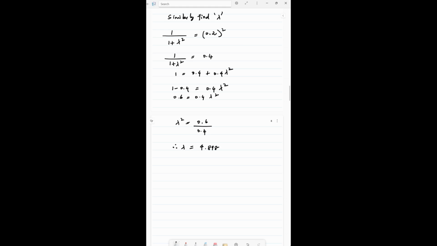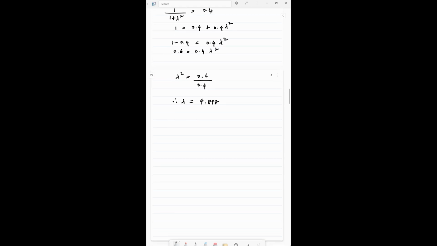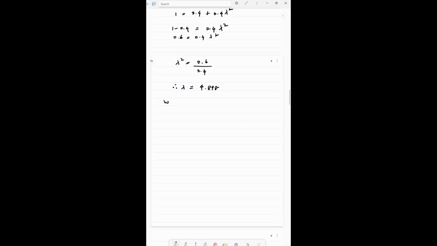So finally, we've got the values of epsilon and lambda. These values have to be substituted in the formula for n. So using this formula, we can get the value of n.